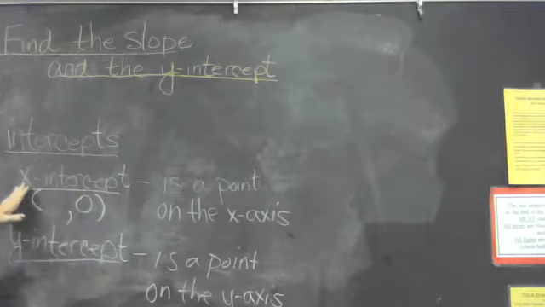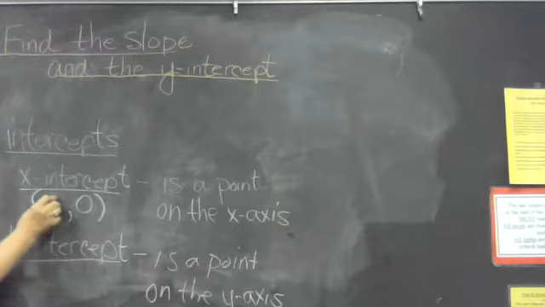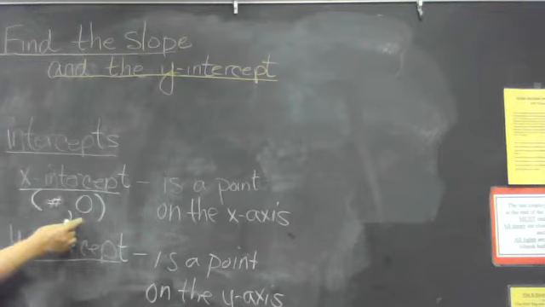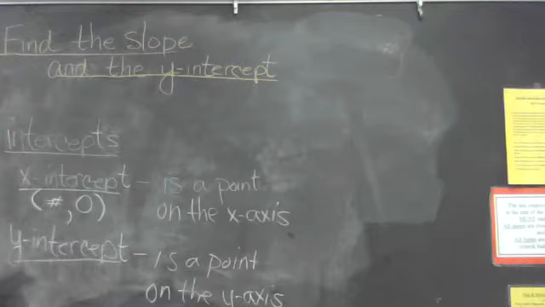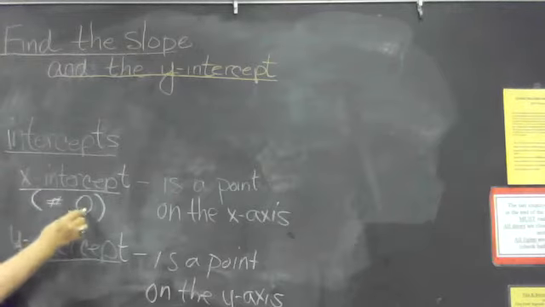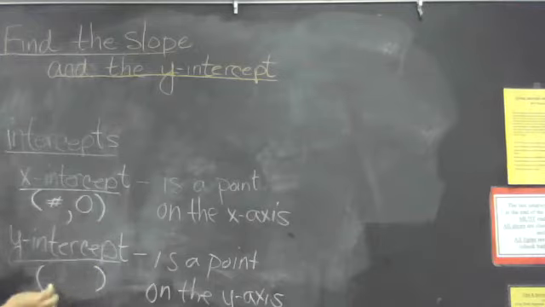An x-intercept, that means we're going to have some number in the x place, but the second, or the y coordinate, will always be 0. Now, however you remember that is fine. I remember it because it's opposite. If it's an x-intercept, then the y is 0. If it's a y-intercept, the x is 0.